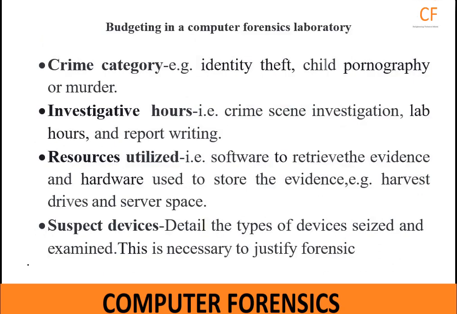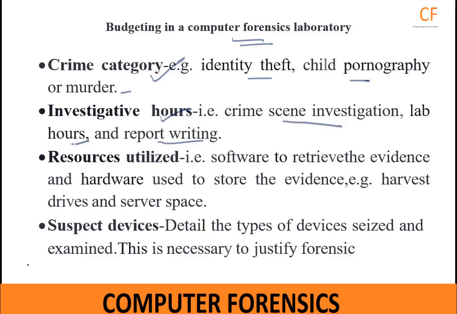An effective method for budgeting in a computer forensics laboratory is to keep many notes about each criminal investigation. The primary points to document are as follows. Crime category, for example identity theft, child pornography or murder. Investigative hours, that is crime scene investigation, lab hours and report writing.